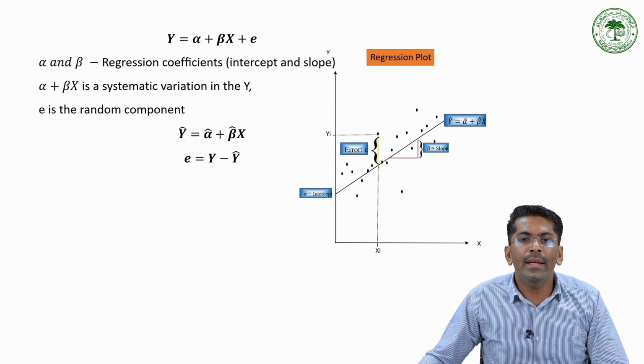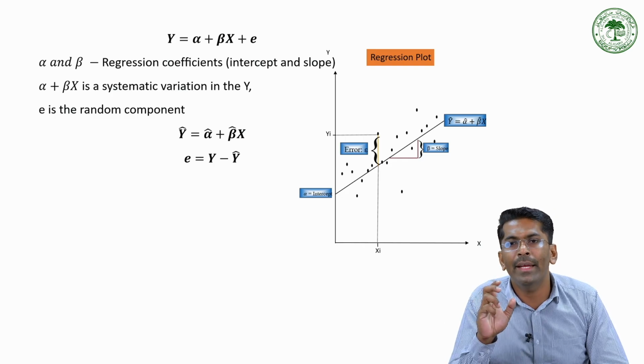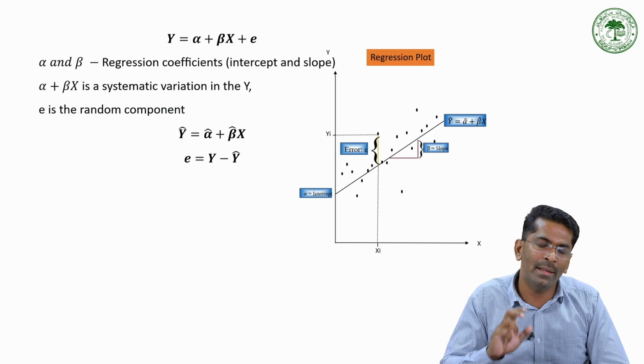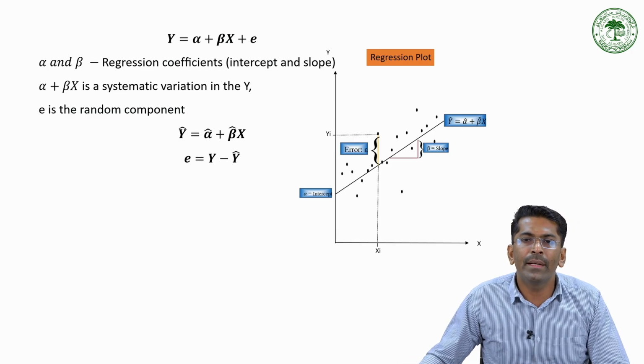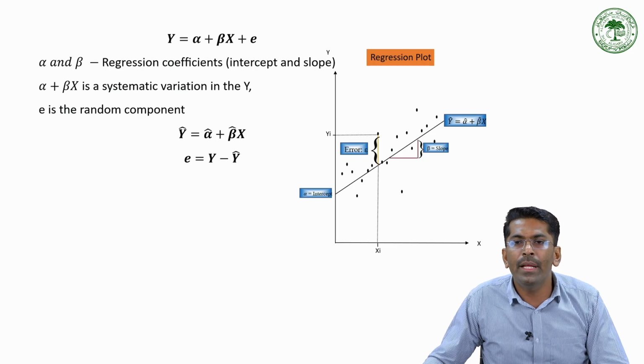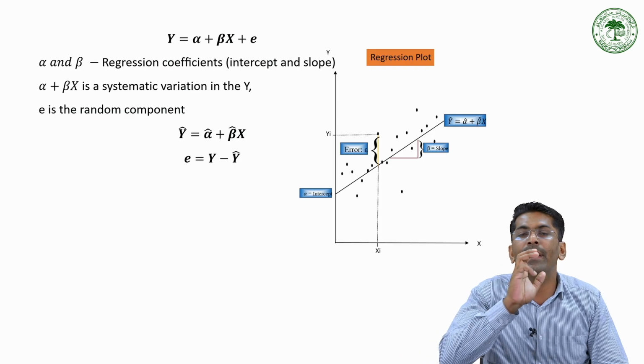And the error term, as I have already told you, is the vertical distance between the actual value and the regression line. This represents the difference between the observed value and the predicted value, so e is equal to y minus y hat. It shows how far a particular observation deviates from your regression line, that is how much your model has failed to perfectly predict your y.